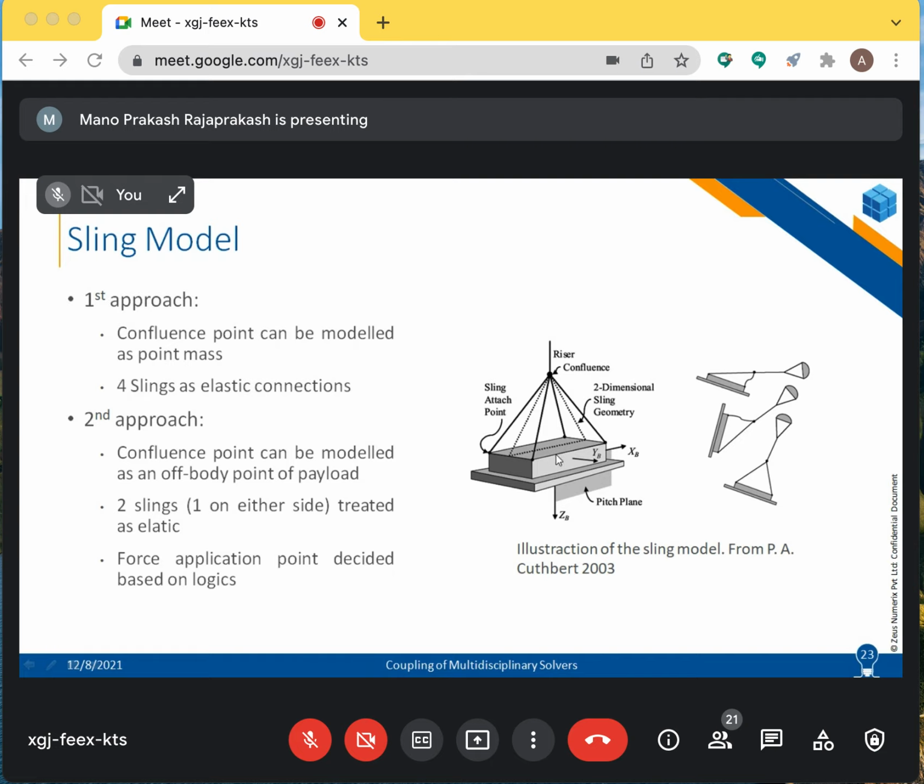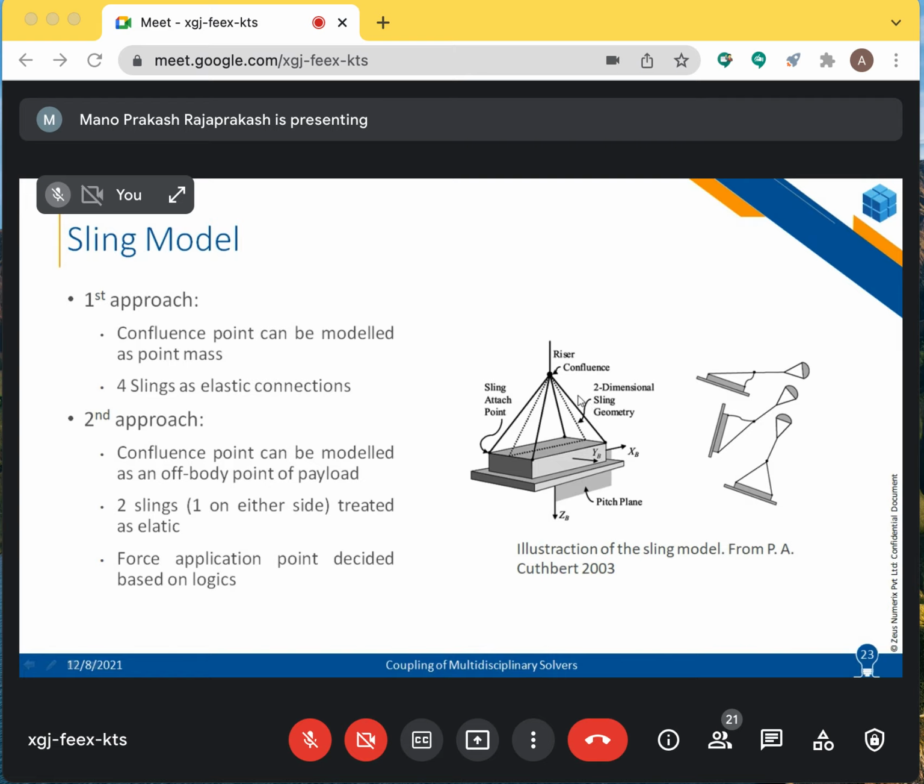With respect to the CG, I can tell where this particular point is, and with certain restrictions, I can model the motion of this point. All four of these links can be modeled as elastic connections, the same way as we just saw how riser suspension lines are modeled. So this is one way.